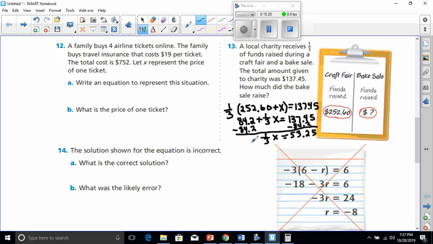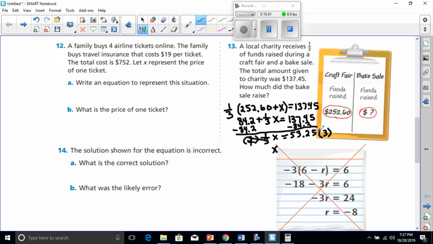Now, to get rid of that 1/3, I have to multiply it by 3 over 1, the inverse of 1/3. That allows me to get rid of that 3 and turn it just into an x. That means I'm multiplying 3 to this side, right?